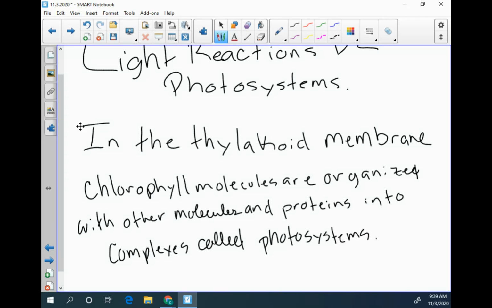And these photosystems are where our light reactions take place.